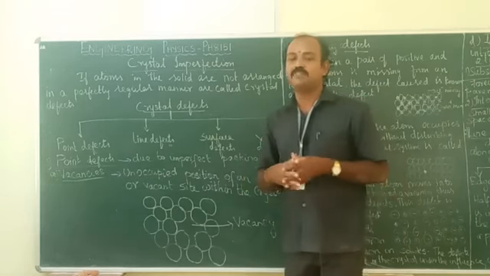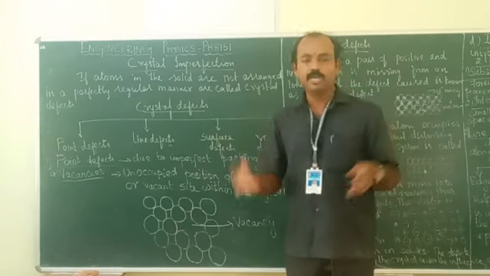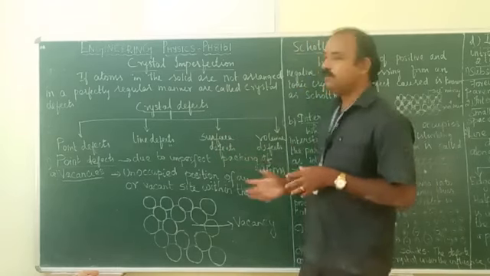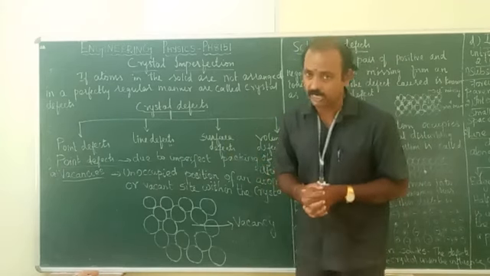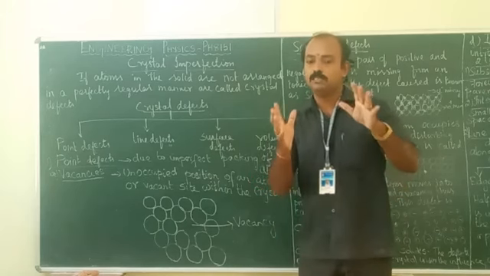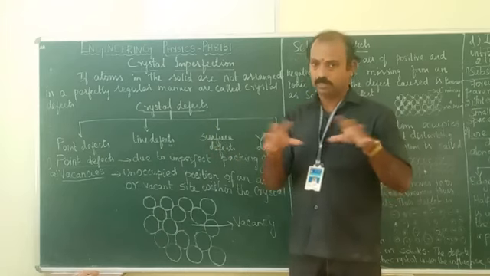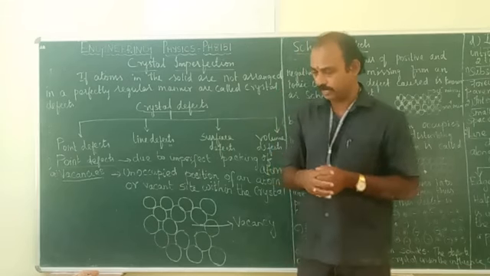Crystal imperfections or defects are classified into a number of types: point defect, line defect, surface defect and volume defect. The word itself gives some idea about the imperfection which takes place in the crystal. Point defect means one particular atom dislocation.